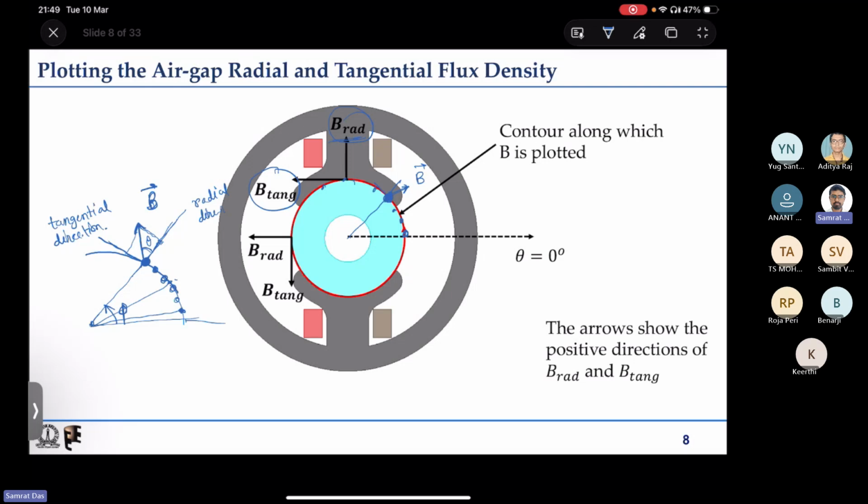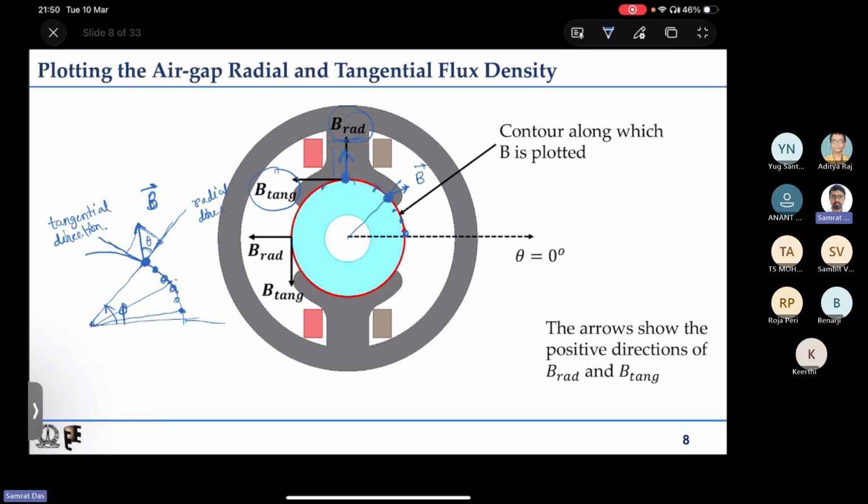And what about direction? If B radial is in the radially outward direction, then we will assign a positive sign to it. That means if B is in the radially outward direction at this location, then we will have positive B radial.